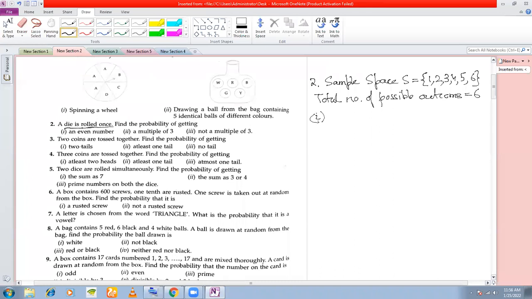The first question states: find the probability of an even number. Because your question is an even number, we'll define this event accordingly. Let E1 be the event, E1 colon, appearance of an even number.